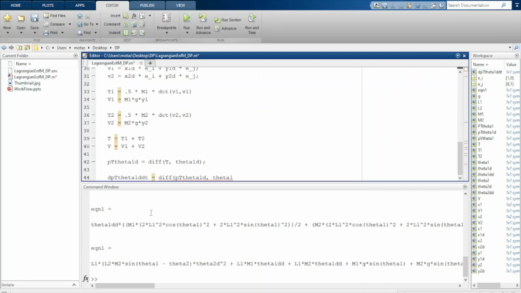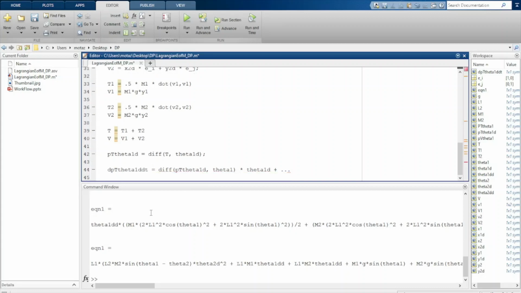Theta 1. So now we need to multiply by the derivative of the inside, which is theta 1 dot. Why is it giving me this red? Oh, okay. And now theta 1 dot times theta 1 double dot.